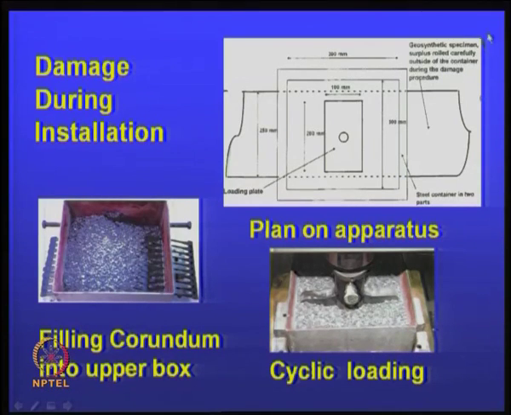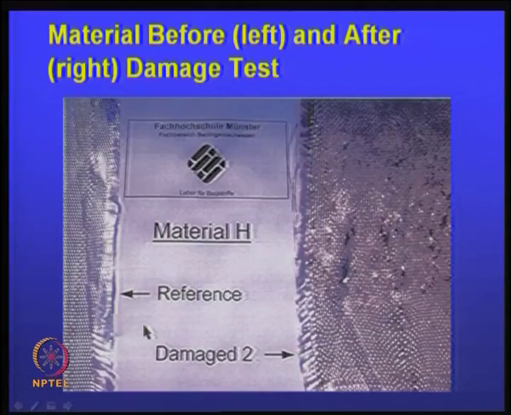The geosynthetic specimen is carefully rolled out of the container after the damage procedure. So, these are the sorts of tests that are done, and once it is done, you will see the difference: the material before damage is like this, and after the damage it is like this. So, people try to quantify its tensile properties or whatever properties one can find out.